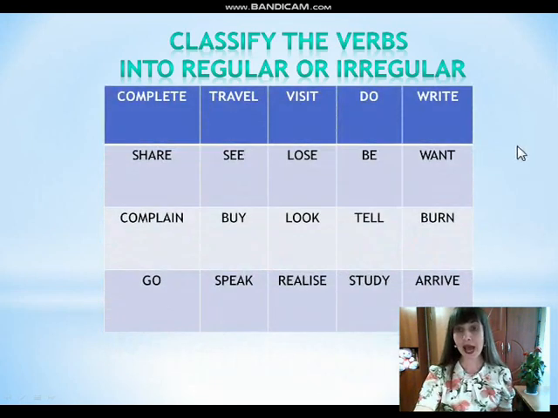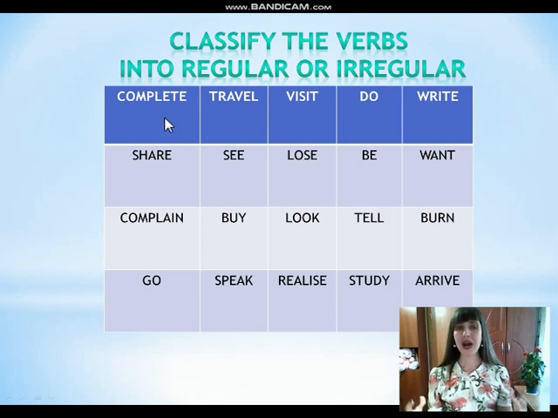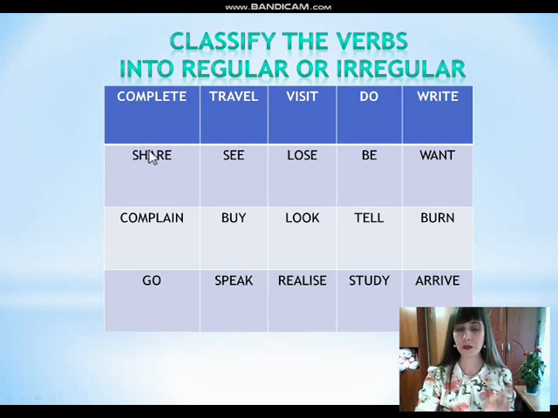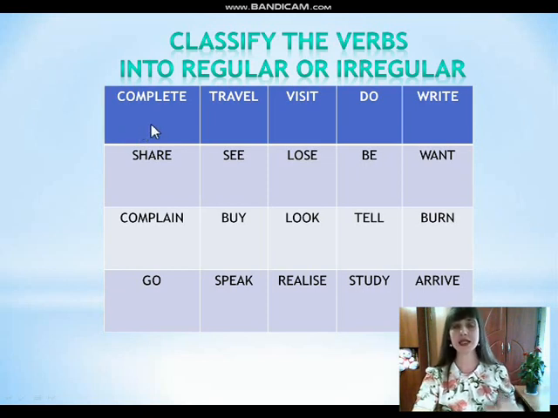So, we have this table. Let's have a look. We should form the past simple tense for these verbs. To complete. What does it mean? The verb complete means to finish something. Complete the exercise, complete the sentence, so finish something, okay?